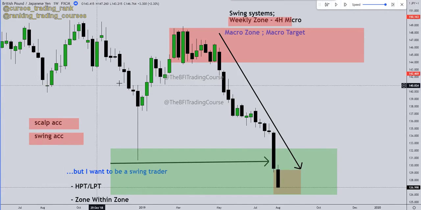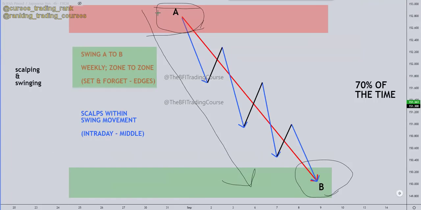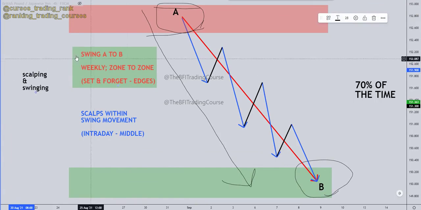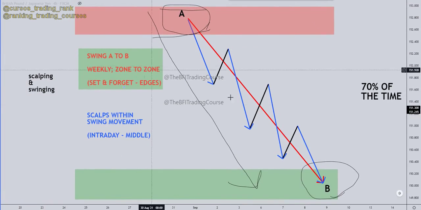But some people don't give 9 to 5 to the market. They can take advantage of this, and maybe they want to get a little bit more active. They can implement these kinds of systems, but understand what you're doing. Scalping, swinging, don't get the wrong idea about it.